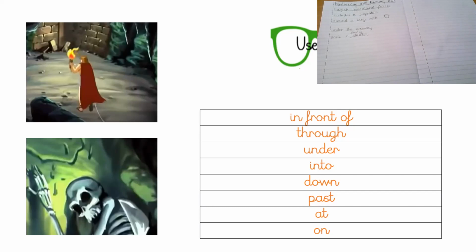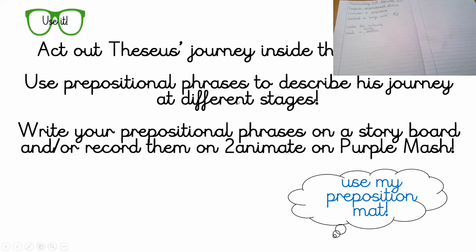And that's what you're going to be doing today, year 3. So today, year 3, I would like you to use your understanding of prepositional phrases and you're going to create your own. So you're going to act out Theseus's journey inside the labyrinth.